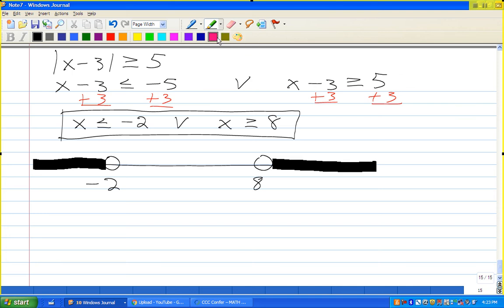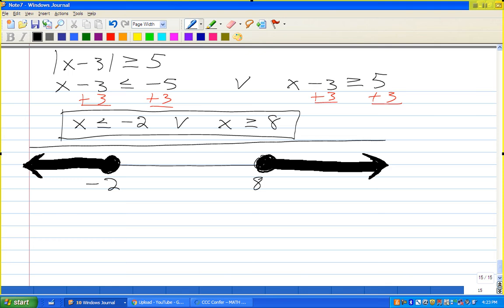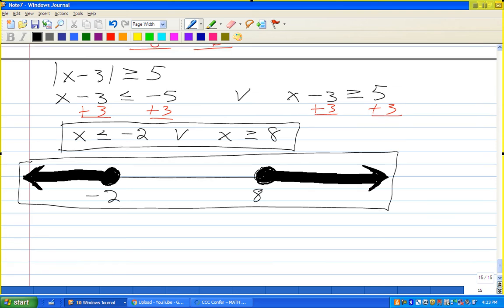So I include negative 2 and everything less than it. I include positive 8 and everything greater than it. And so that is my solution. That's a graph of my solution. Let me do problem number 23.